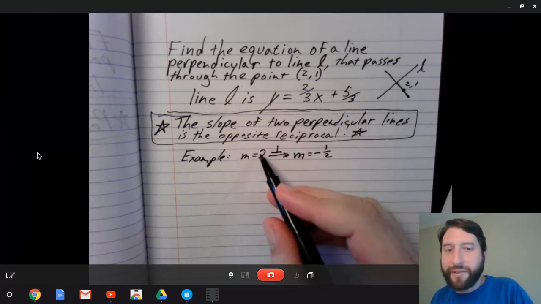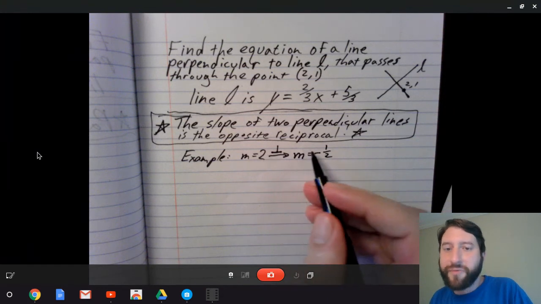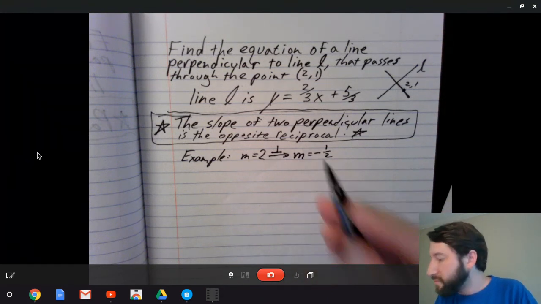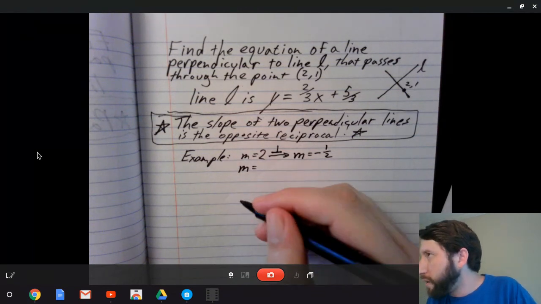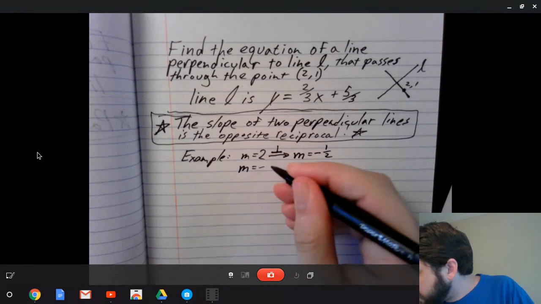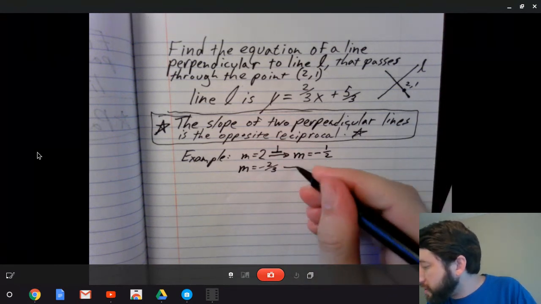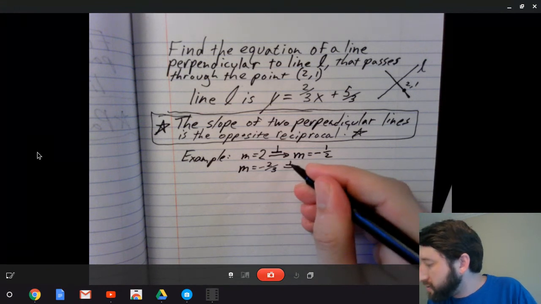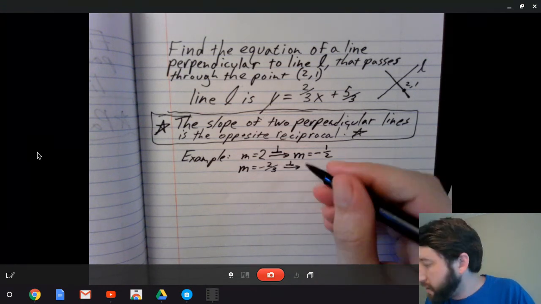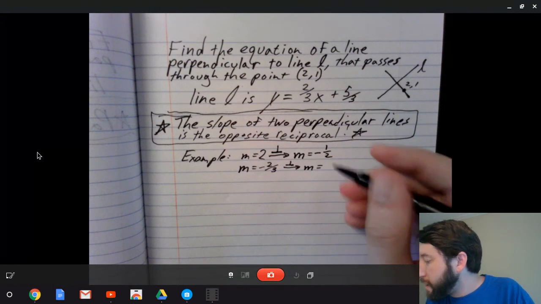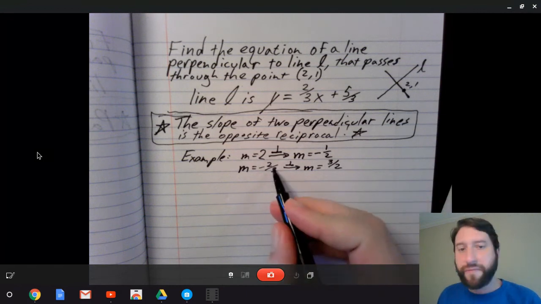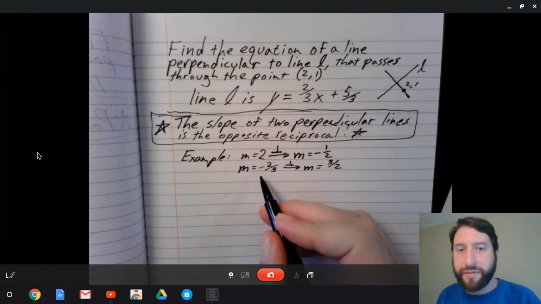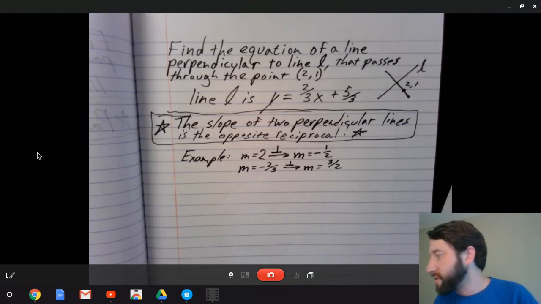Notice how I took the reciprocal and I switched the sign. Let's do another example. What if our original slope was negative 2/3? If I want something perpendicular to that, my new slope would be a positive 3/2. Again, I just flip the fraction and I reverse the sign. That's what I mean by opposite reciprocal.